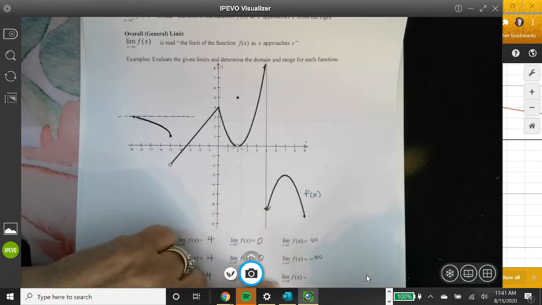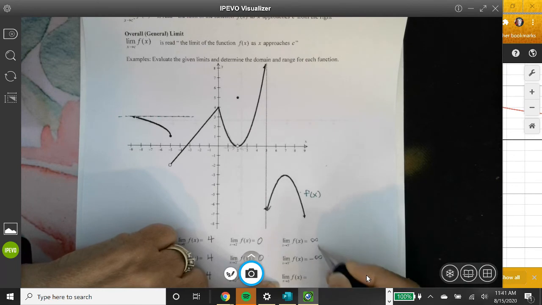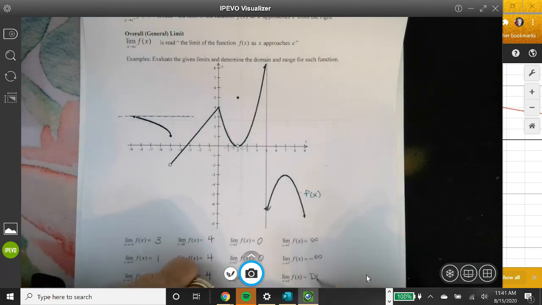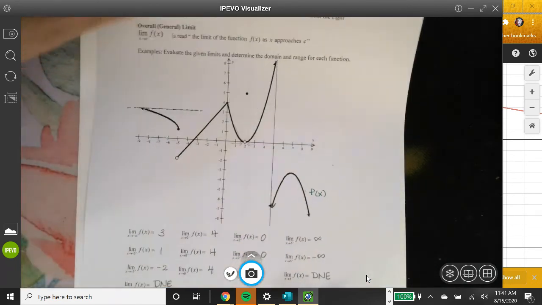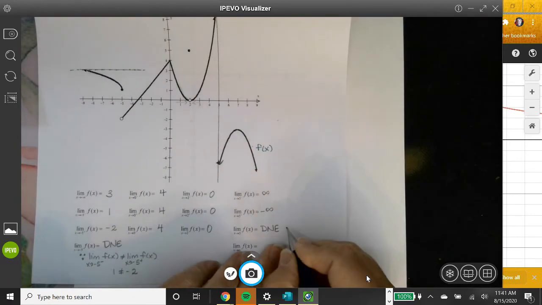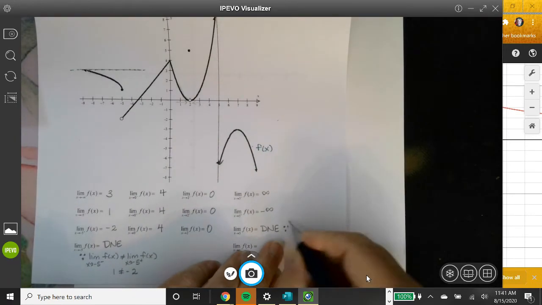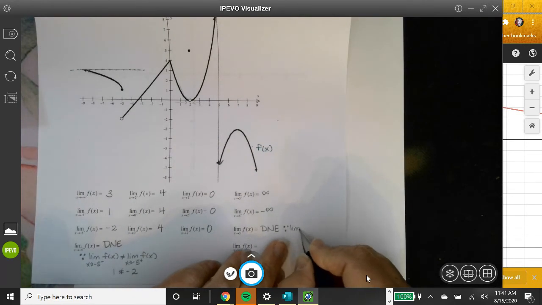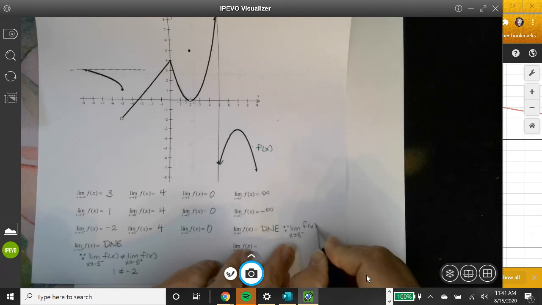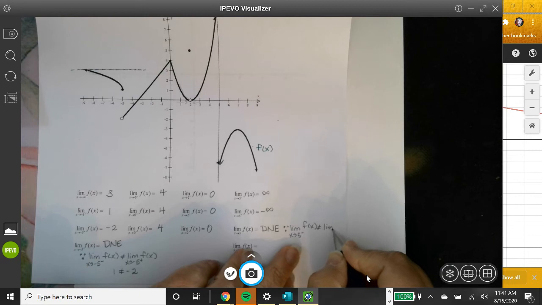Well, what happens with the general limit now? Well, these are different. So we would say that this does not exist. And we have to say, using our math language, the limit as x approaches 5 from the left of f of x is not equal to the limit as x approaches 5 from the right.